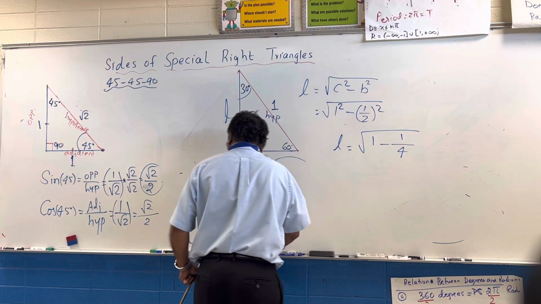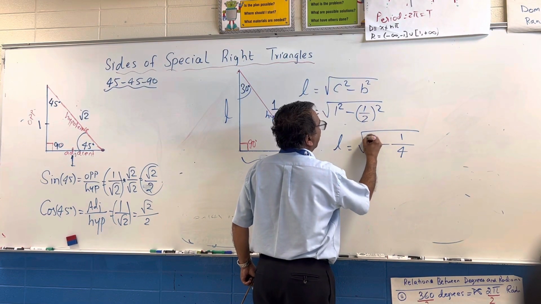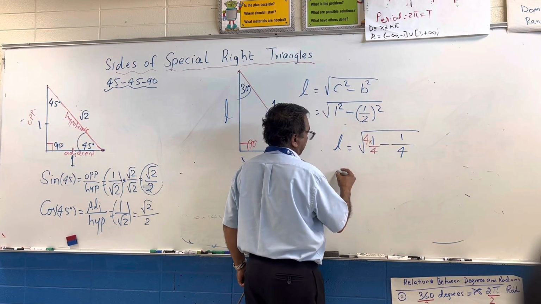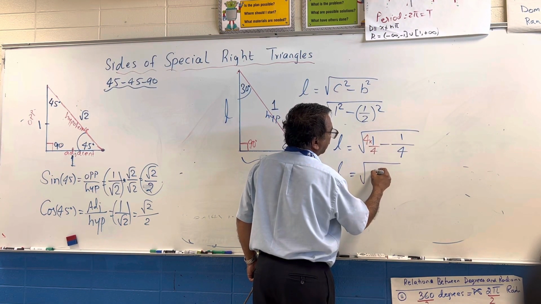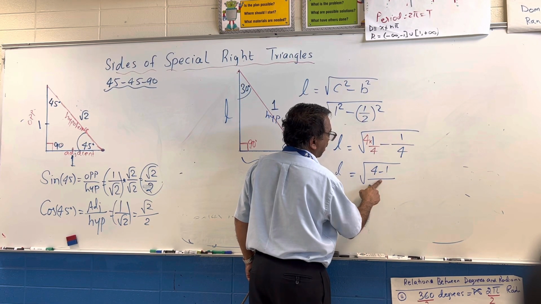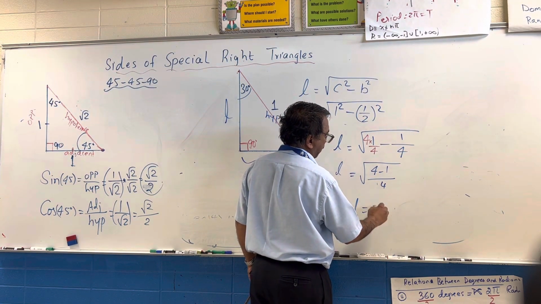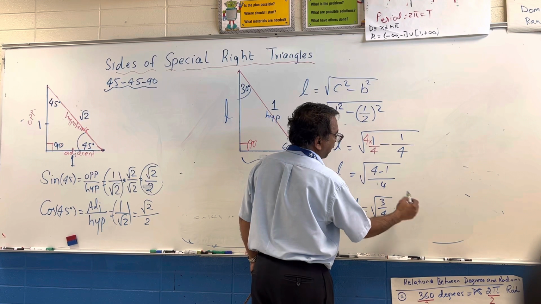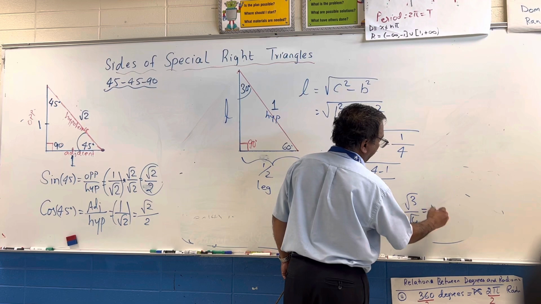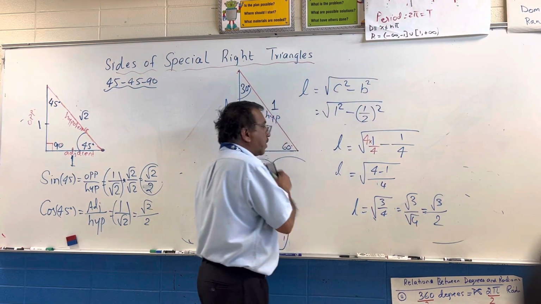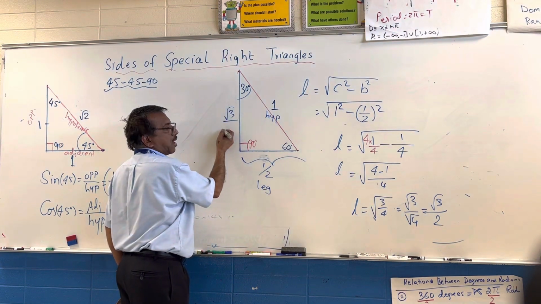Now you need a denominator of 4, so I multiply 1 by 4 over 4, and that yields 4 minus 1 over 4. So you get square root of 3 over 4, and again, separate the radical to the numerator and to the denominator. So we get square root of 3 divided by 2.